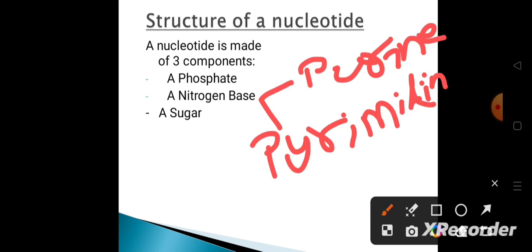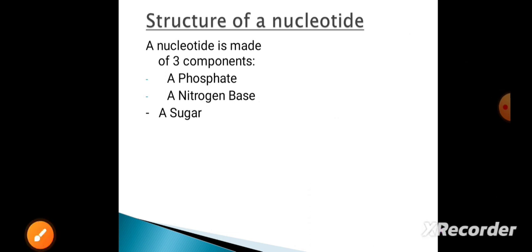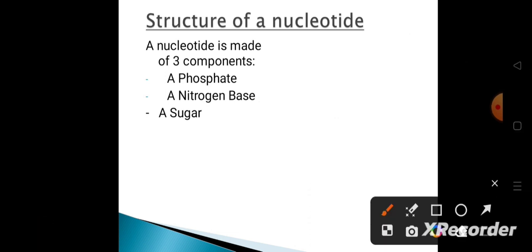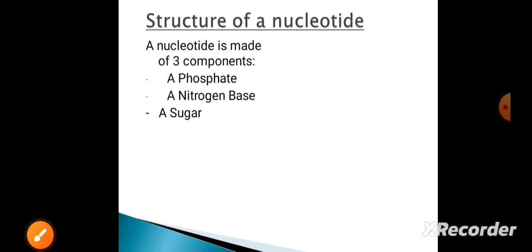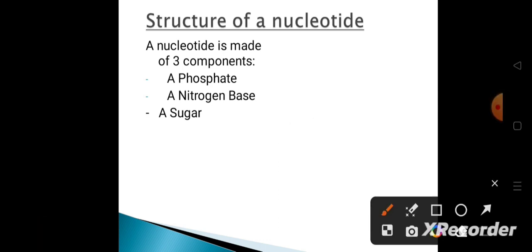So specifically two types of nitrogenous base are there. One is purine, another is pyrimidine. Under purine, which ones come? Adenine and guanine, A and G. And under pyrimidine, cytosine and thymine come.